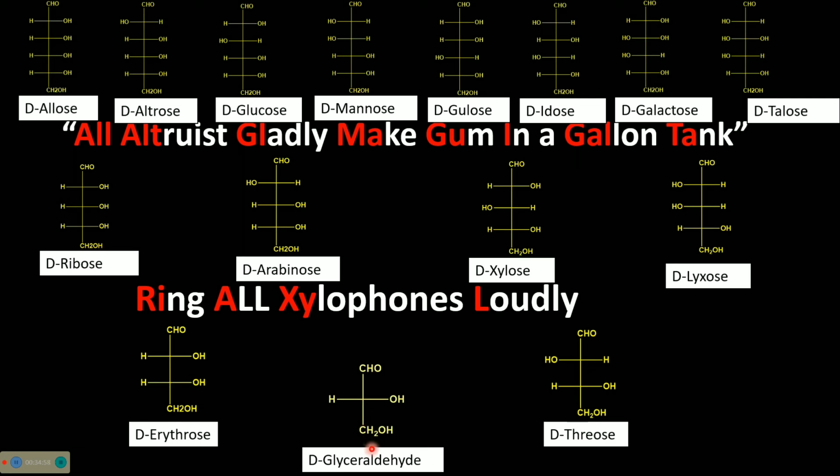Assume you are performing the Kiliani-Fischer reaction on D-glyceraldehyde, then you will easily draw the structures. Upon Kiliani-Fischer reaction on this you will easily draw two structures. Then again, assuming Kiliani-Fischer reaction on these molecules, you will easily draw the 8 structures.